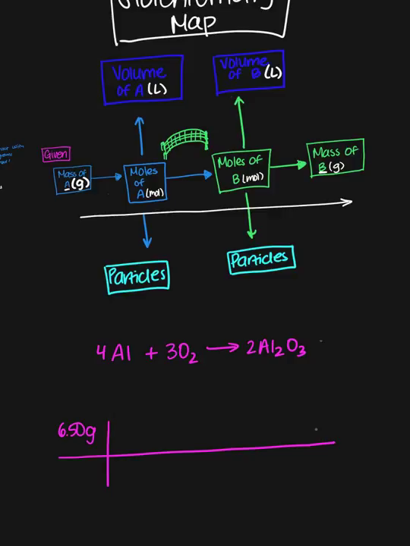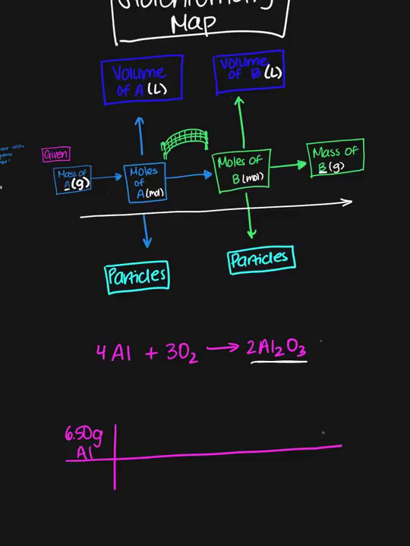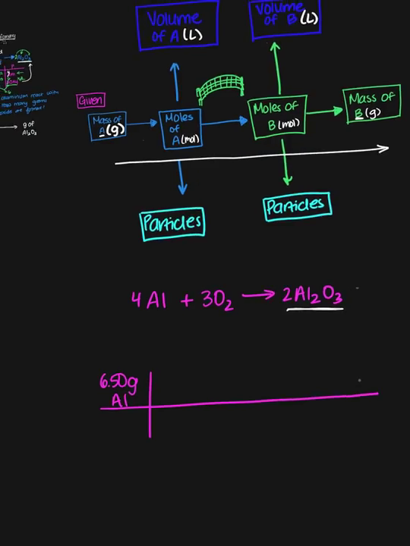In our problem, we're told that we have 6.50 grams of aluminum, and we want to convert to grams of aluminum oxide. First, we have to go from mass of aluminum, which is given in grams, to moles of aluminum. The main thing that converts grams to moles is our periodic table.